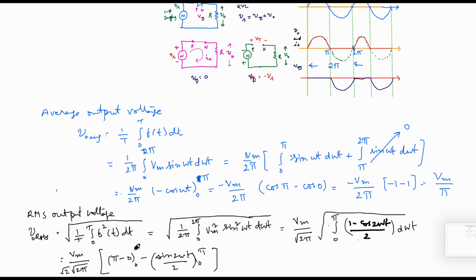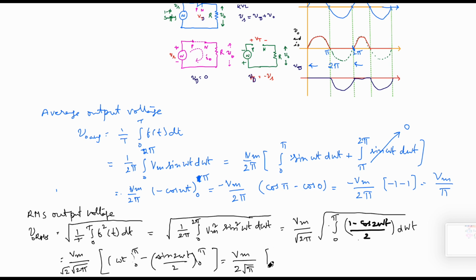Okay, let me write here also like this, because we have to follow mathematics clearly, otherwise it will be wrong only. Yes, so here also I can write omega t 0 to pi. Now I will substitute the values. So Vm by 2 root pi will come here.